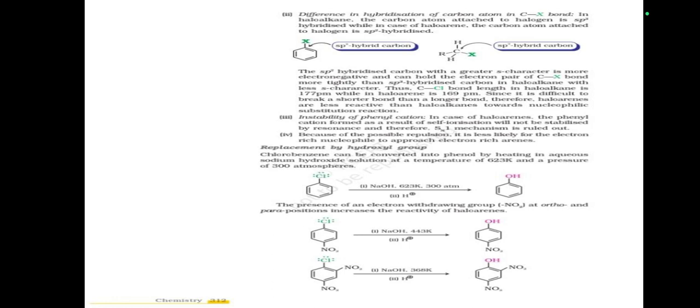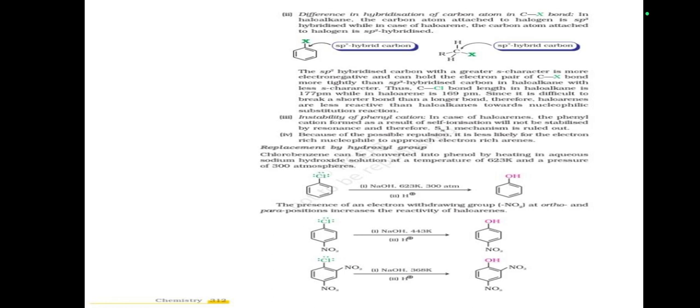The C-Cl bond length in haloalkane is 177 pm, while in haloarene it is 169 pm. Since it is difficult to break a shorter bond than a longer bond, haloarenes are less reactive than haloalkanes towards nucleophilic substitution reaction. Instability of phenyl cation.